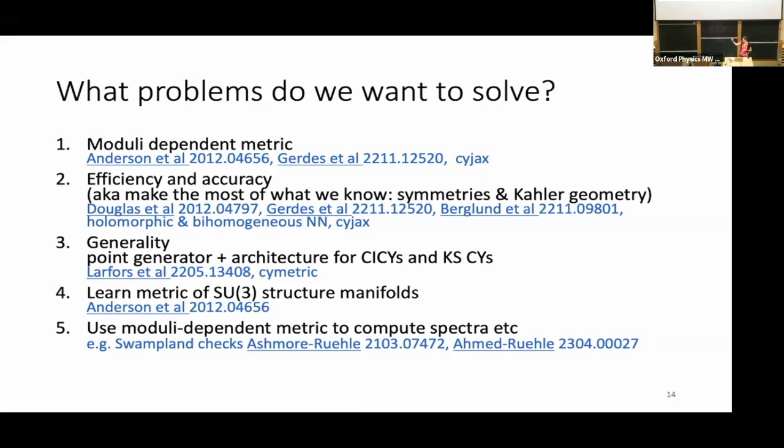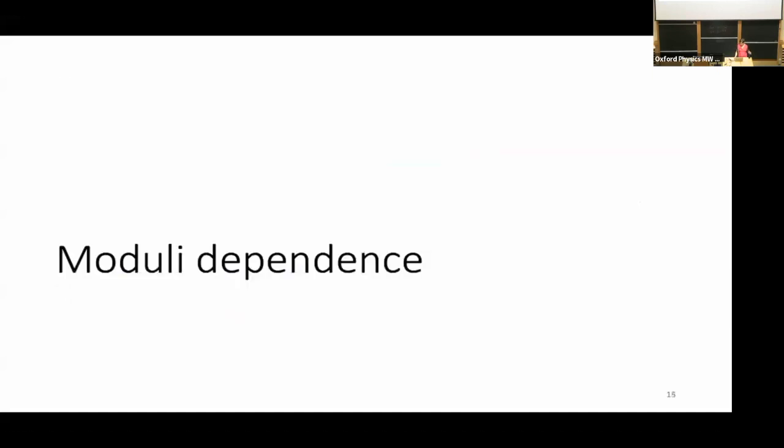CY metric, on the other hand, goes more for generality. So here we are developing methods to compute metrics on basically any Calabi-Yau manifold that you can think of. So we have been targeting some of the large databases of Calabi-Yau manifolds that exist. And then there are others, more advanced questions. So going beyond Calabi-Yau, computing spectra and so on, which I might say something more about at the end of the lecture.